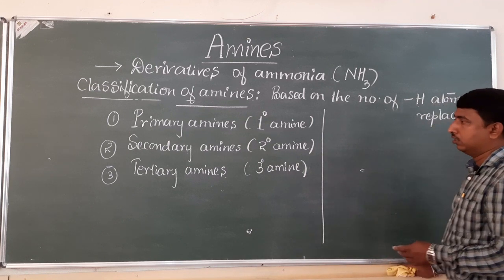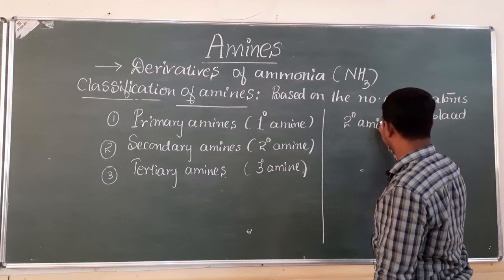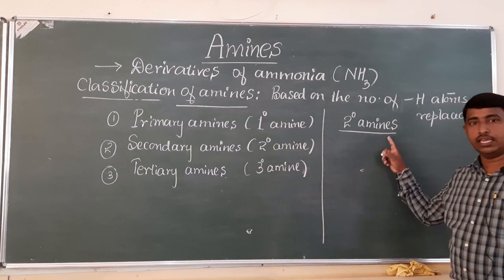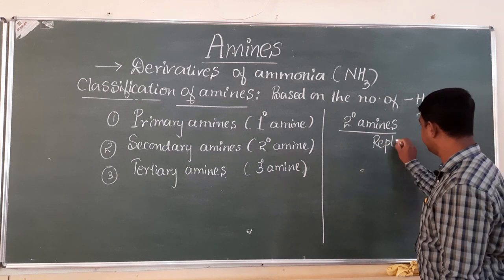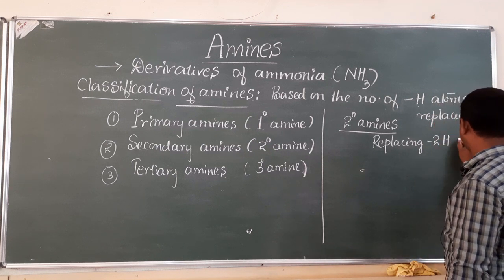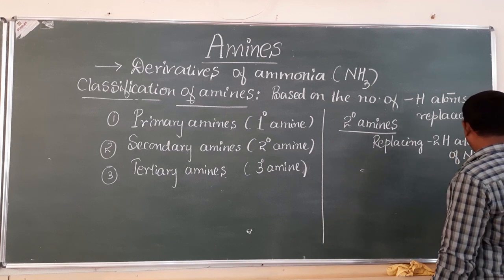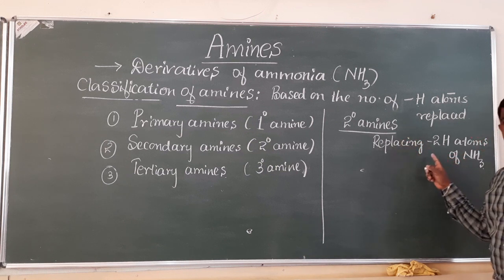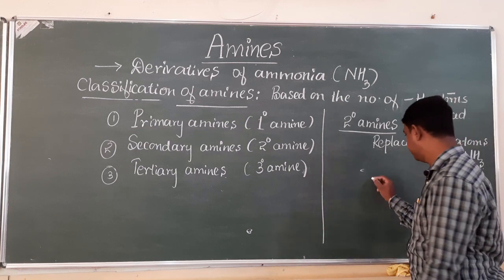Next, the second type of amine, that is secondary amine. Secondary amines are obtained by replacing two hydrogen atoms of ammonia by alkyl groups.